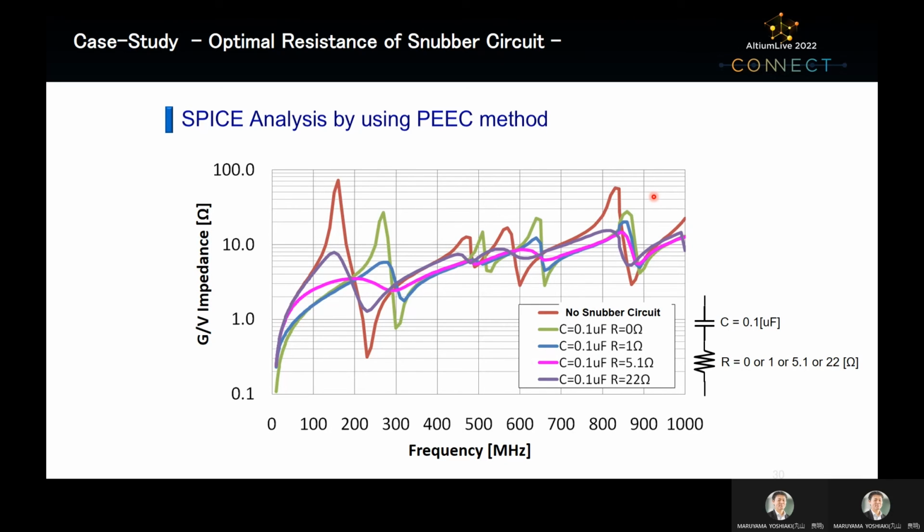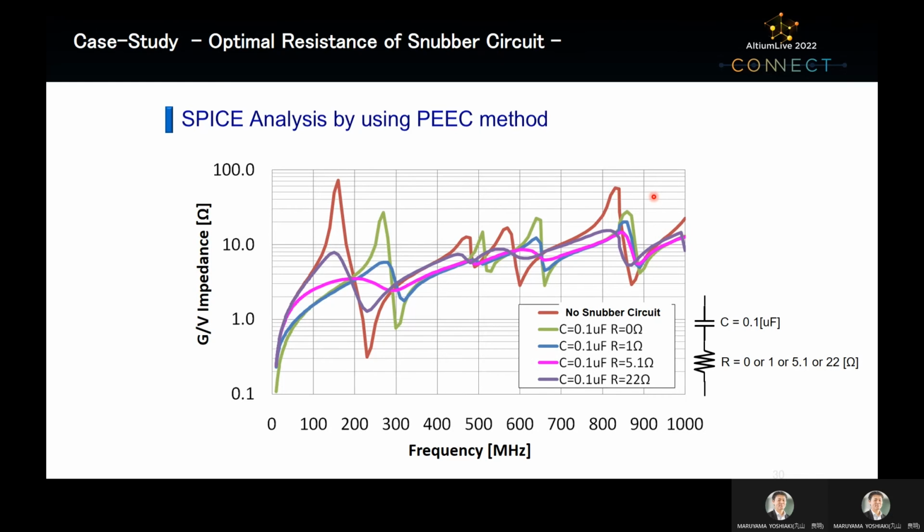This is the result of SPICE analysis by using the PEEC method. In this graph, where the horizontal axis is frequency and the vertical axis is impedance between power and ground, the frequency of the peak becomes the resonance frequency.